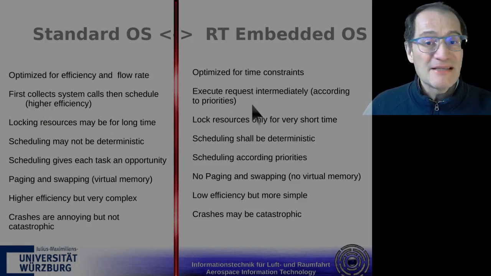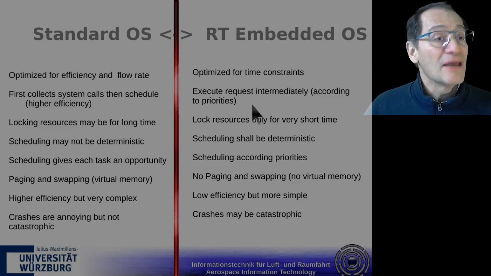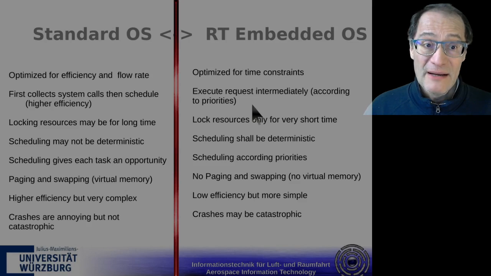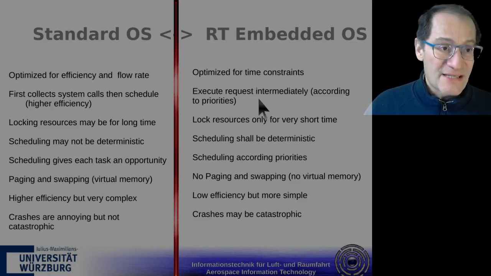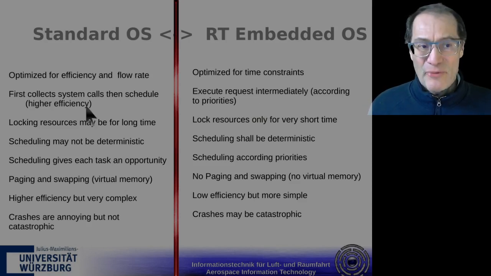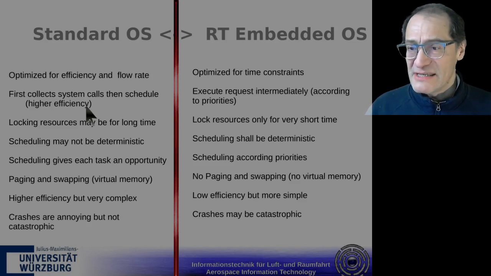In a real-time operating system, they don't wait. As soon as a request arrives, it will be executed, even if the sequence is not optimal. But the most important thing is to execute everything at its required time point. And here we don't have these required time points. We only have to optimize the resources of the system.